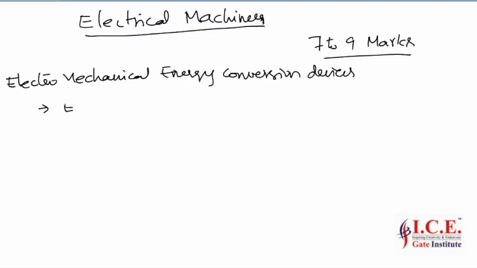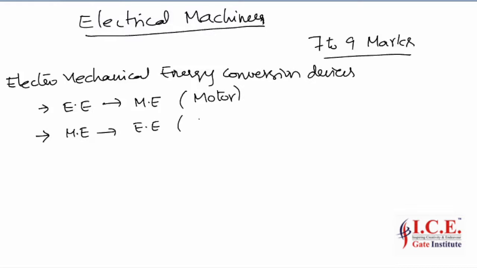Either it may convert electrical energy to mechanical energy, or it may convert mechanical energy to electrical energy. If the device performs the first operation, electrical energy to mechanical energy, it is defined as a motor. And if it converts mechanical energy to electrical energy, it is defined as a generator.